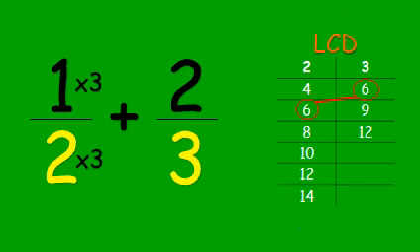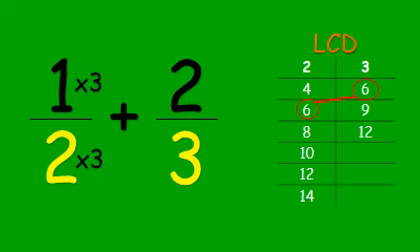Time to change our next fraction. What do you think we are going to multiply to the numerator and denominator of our next fraction? Did you say 2? That is correct. When you wrote the multiples for 3, you said 3 times 2 is equal to 6.